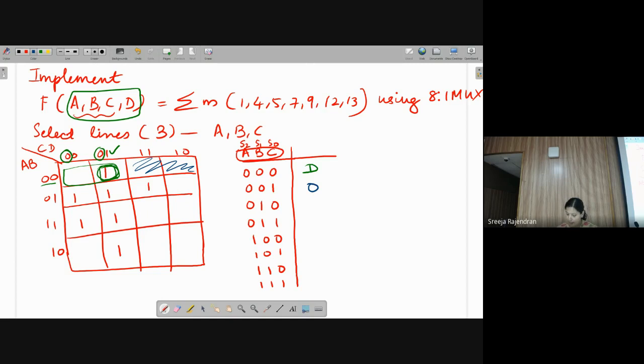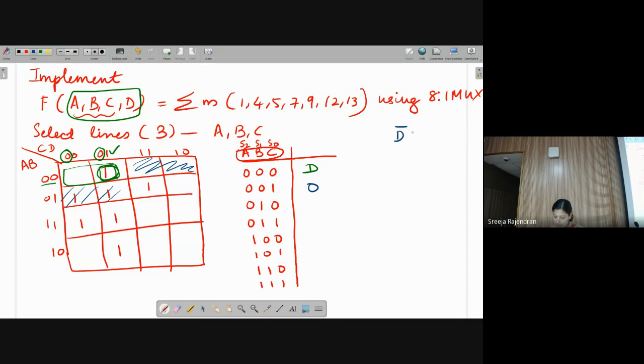Next case 010. 010 means A and B are 01, C is 0, in these two cubes. So in that case, what is the value of D here?